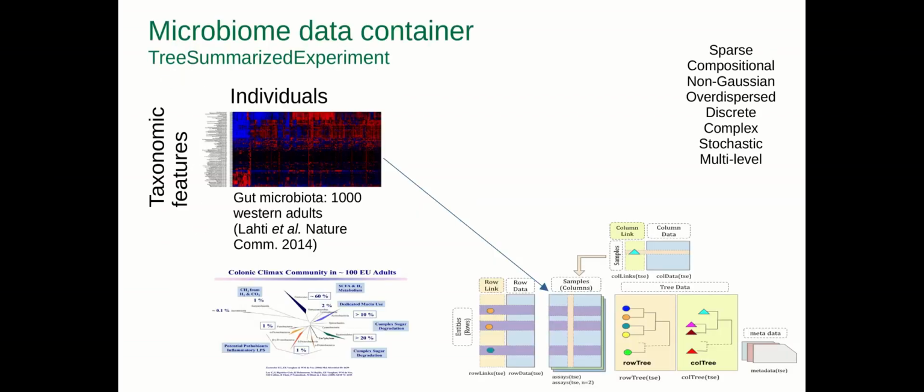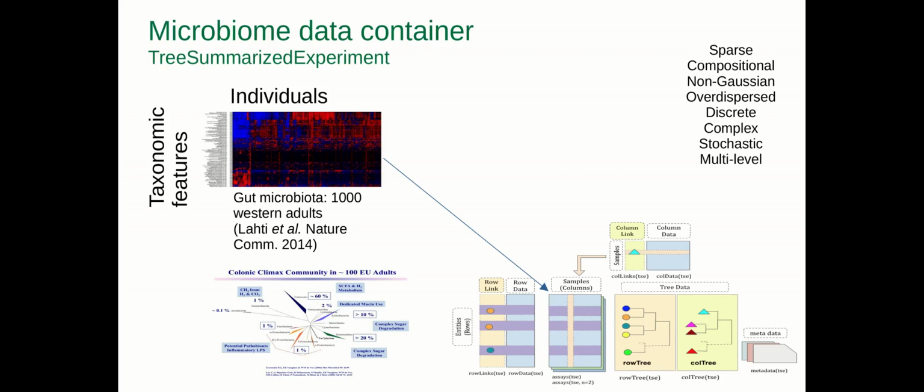The microbiome data container was introduced in the previous session, and this is what we call TreeSummarizedExperiment. It binds together the taxonomic abundance tables with side information on the taxonomic features and the samples. And it provides a standardized way of looking at the data, and the ecosystem of tools is able to take advantage of this data format.